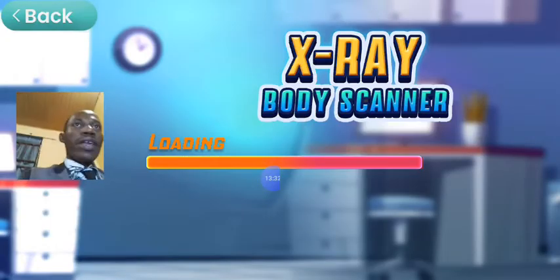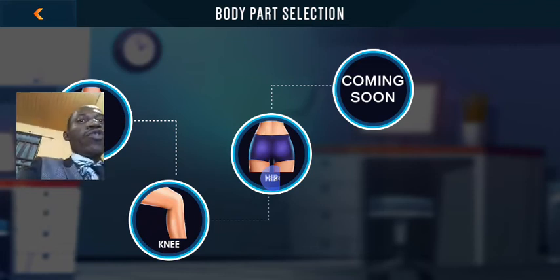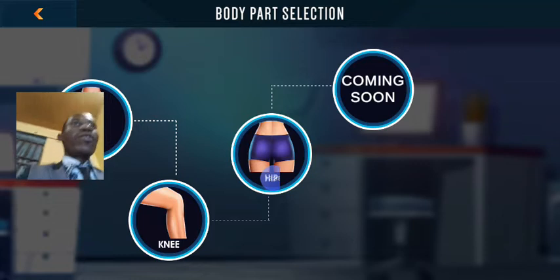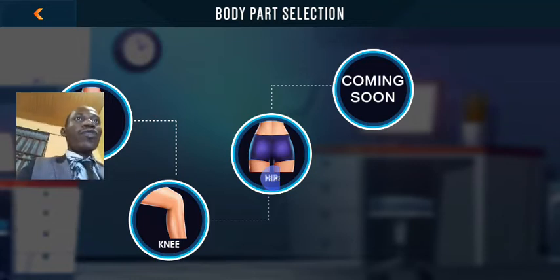Let's look at the next type of joint, called the pivot joint. Pivot joints are especially suited for rotating movement. The movement between the first 2 cervical vertebrae and the pivot joint enables the head to turn from one side to the other.